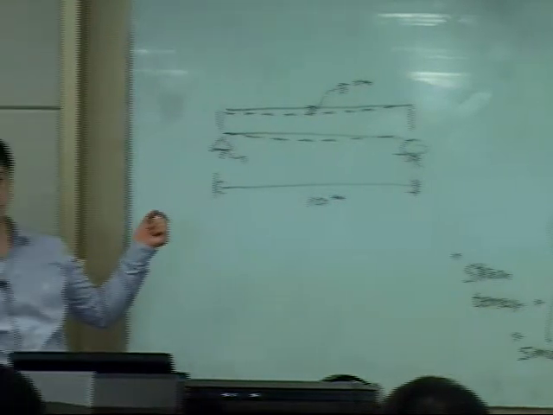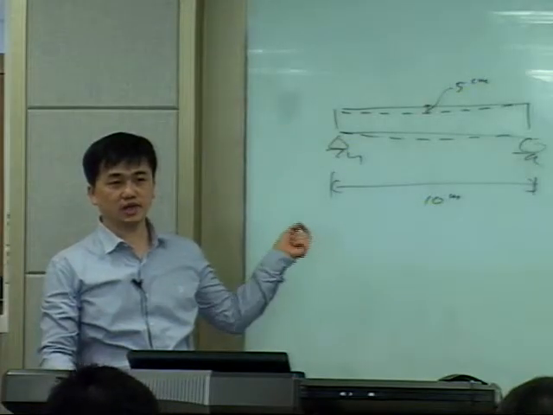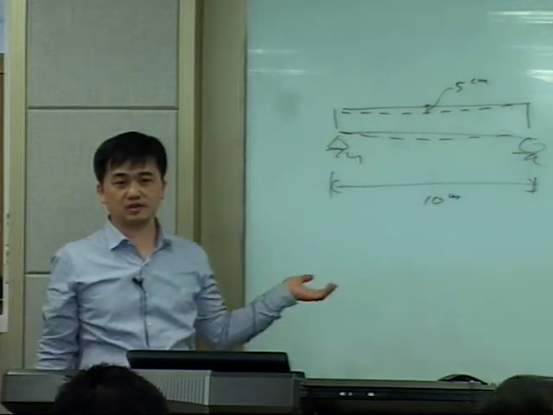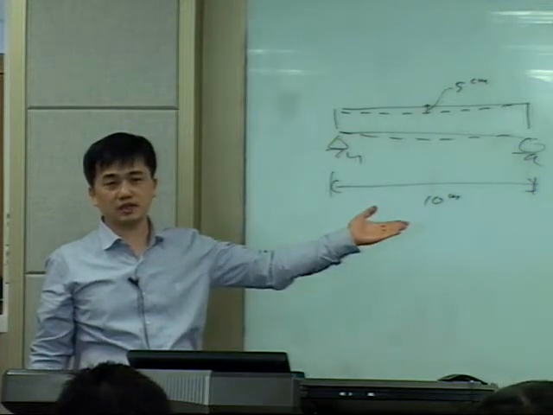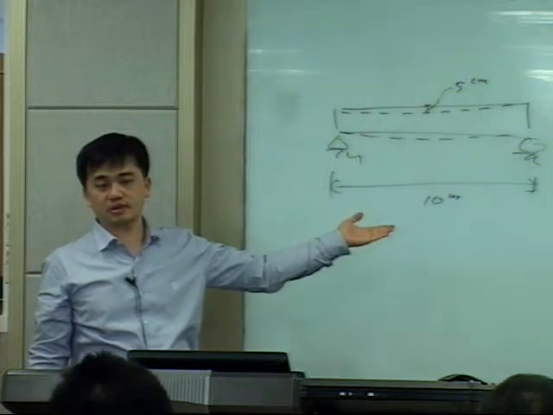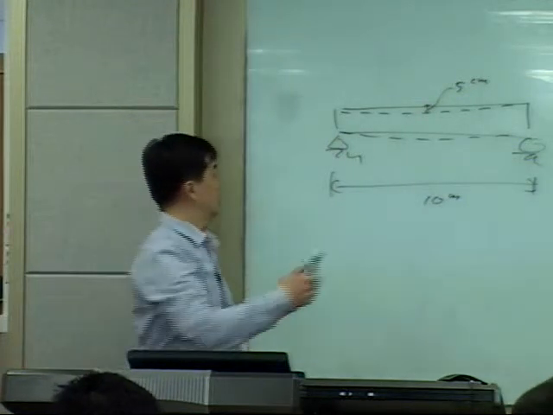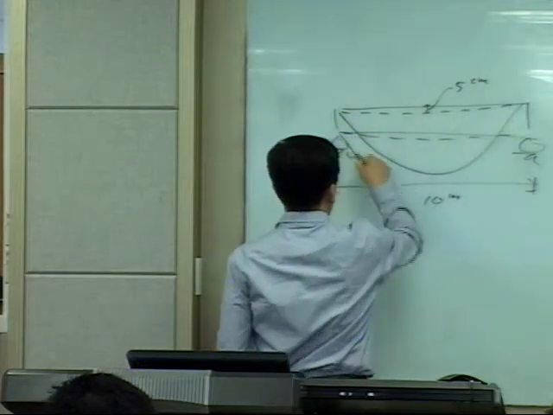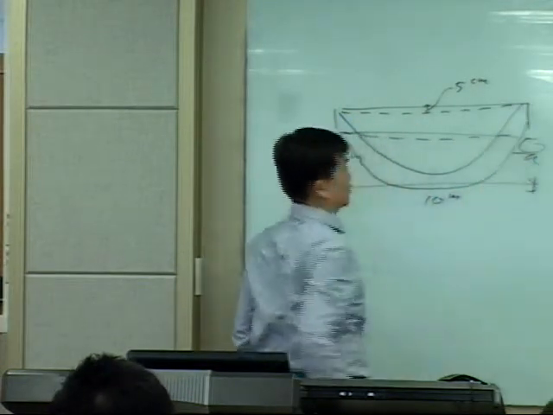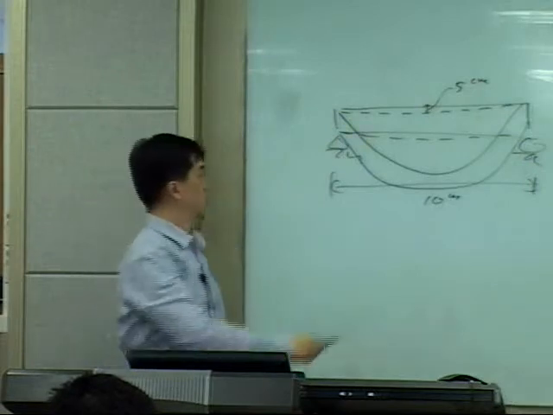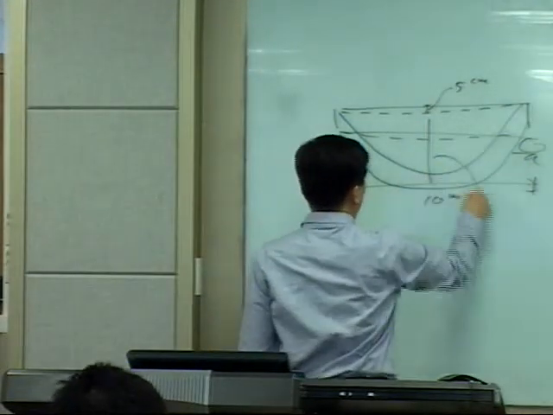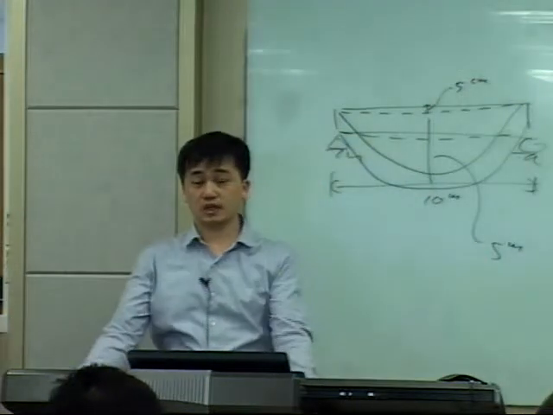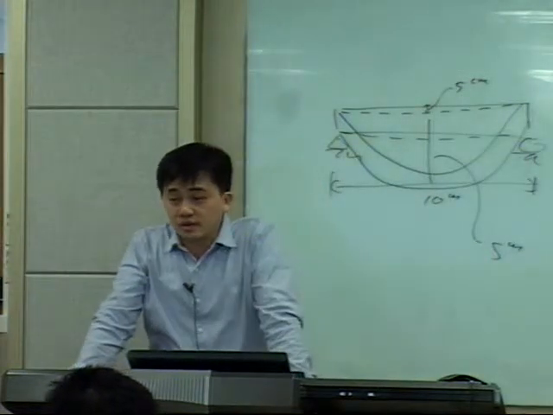That displacement is smaller than the overall length of this structure, so we can use that kind of small strain measure. But if this beam deformed, with maybe a deflection at the center of 5 meters, it's quite a large deformation.